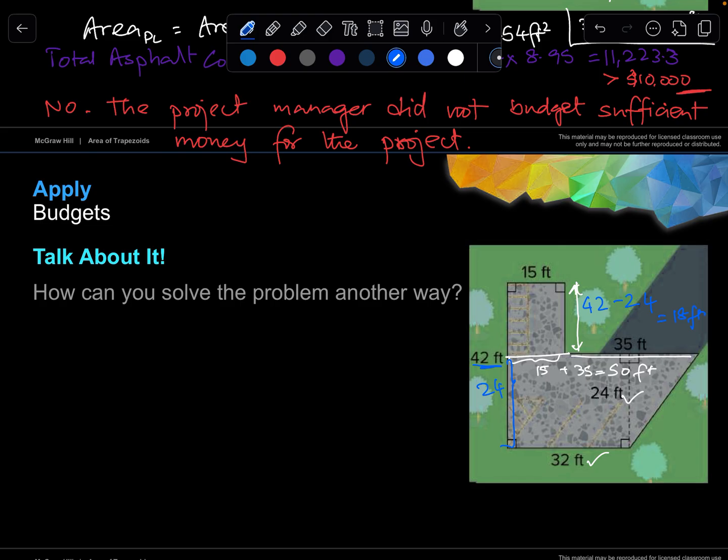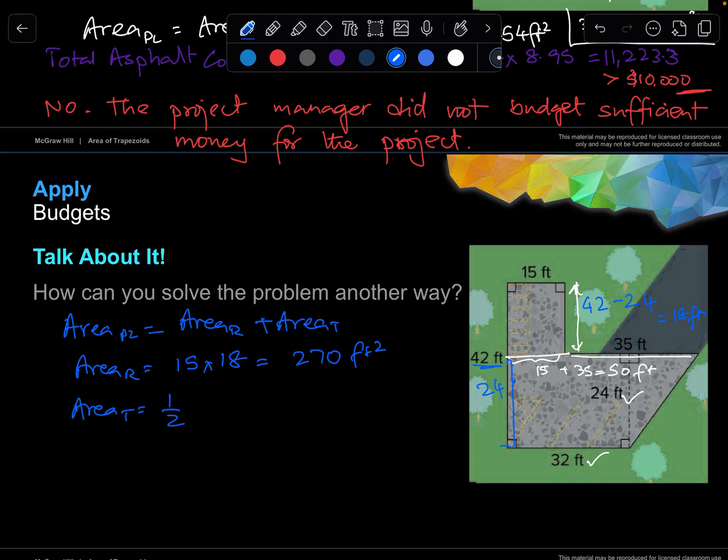So I could just substitute these back into the formula. My area of the parking lot is area rectangle plus area trapezoid. Area rectangle is 15 times 18. That gives me 270 square feet.